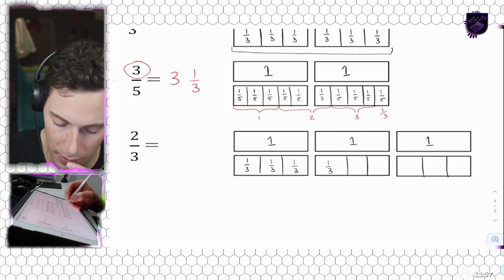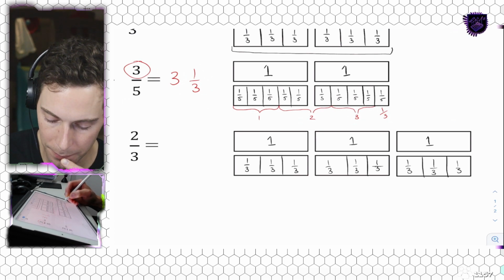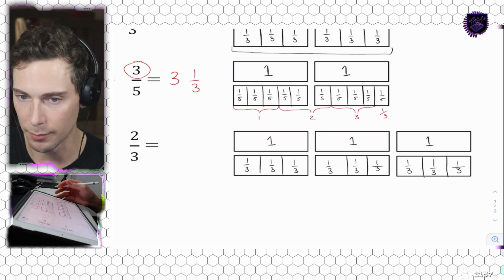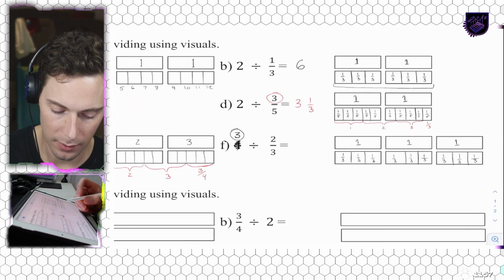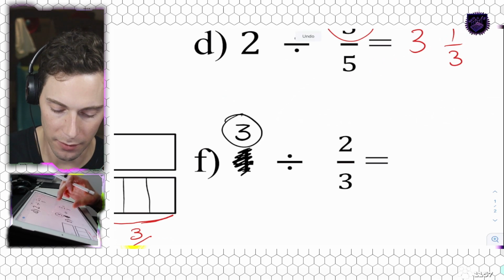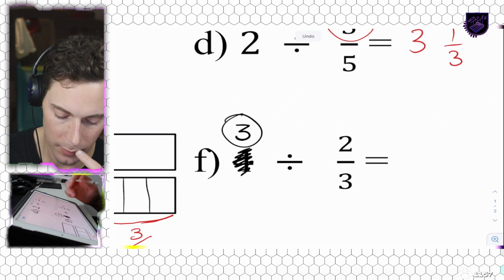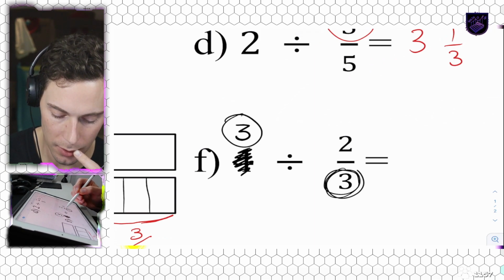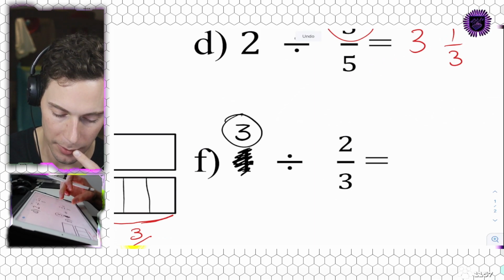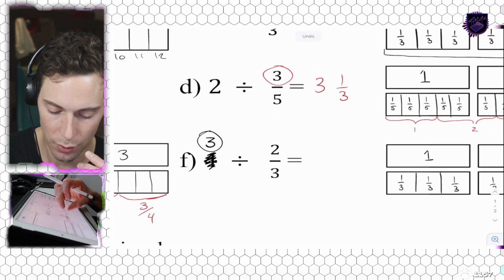I'll just write it out. Okay. I've broken my 3 into groups of thirds, right, because I'm breaking them into groups of thirds. And now I'm going to group them by 2/3 in each group.